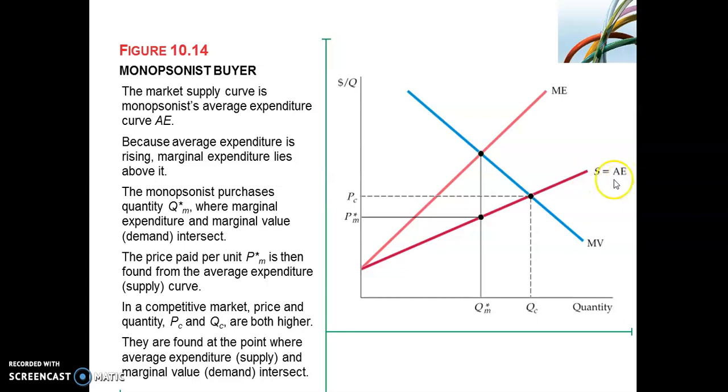Note here that your marginal expenditure curve is not equal to your average expenditure curve, as you saw in figure 10.13a. Here our marginal expenditure curve actually lies above the average expenditure curve, which is also the supply curve. The supply curve tells you how much producers are willing to sell at what price.